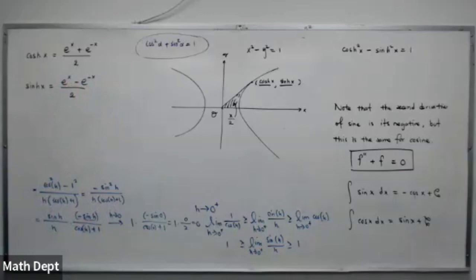And then you start making explorations. You say, what if I take derivatives? Well, something that we learn about the exponential function is that the derivative of the exponential function is itself.